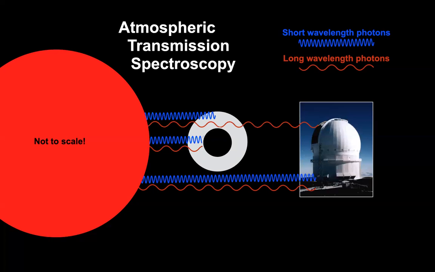What if the composition of that atmosphere was such that there was a strong chemical absorber that was really, really efficient at absorbing blue light, such that any blue light that would have otherwise been transmitted through the atmosphere gets absorbed. Whereas the red wavelength, let's say there is no chemical gas in the atmosphere that is a strong absorber of red wavelengths, so the red wavelengths do transmit through.